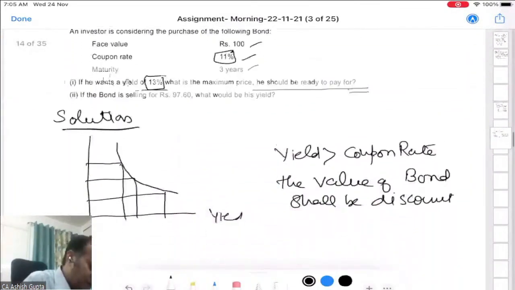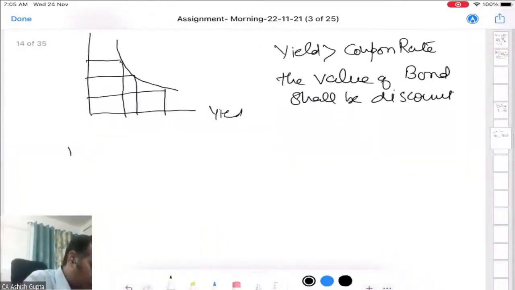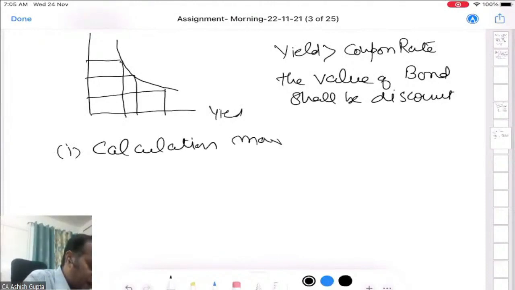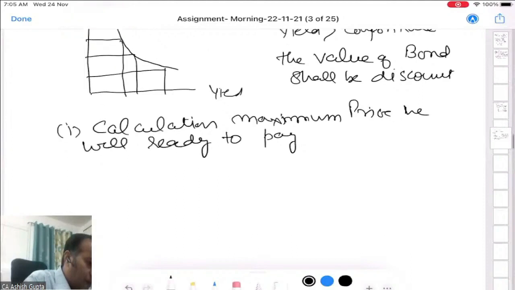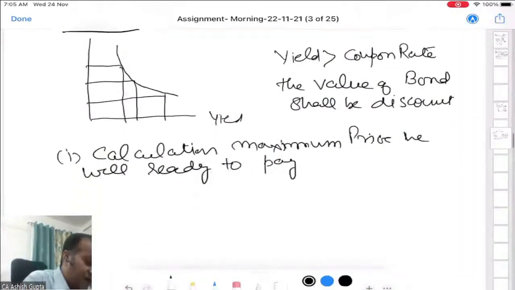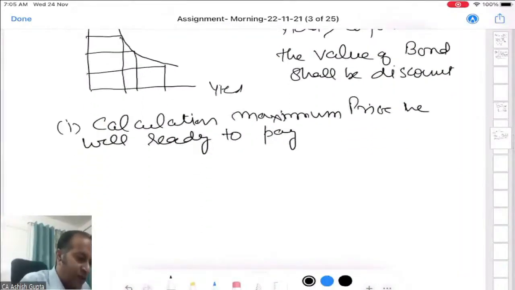Let us see the calculation of the maximum price he will be ready to pay. Now students, as I told you, you can do it both ways: you can solve it in tabular form as well as equation form.